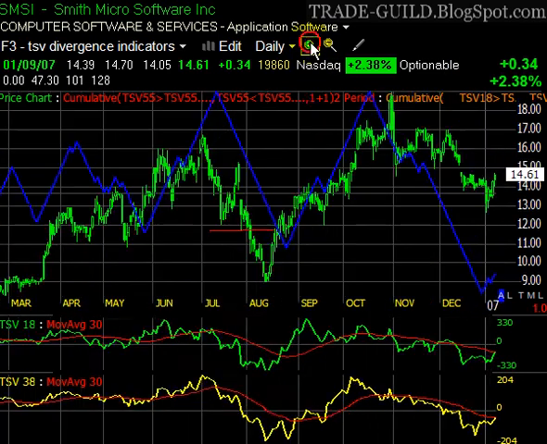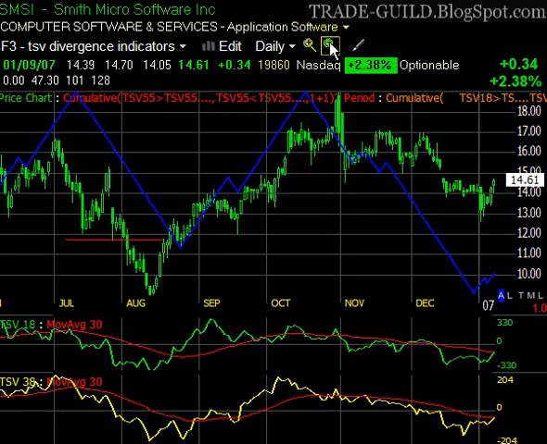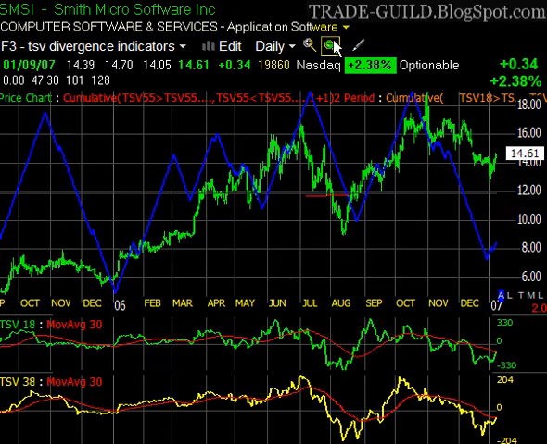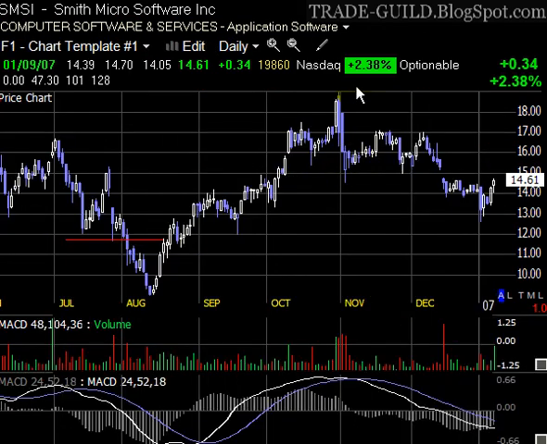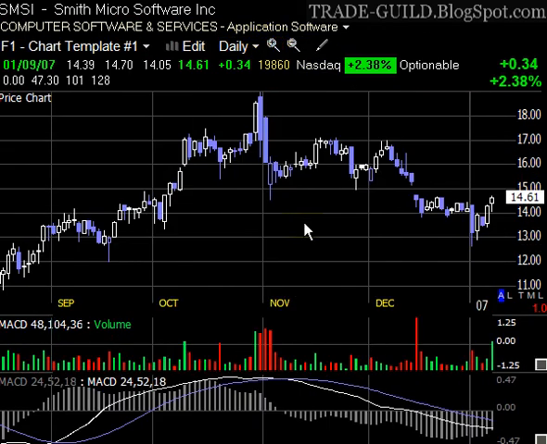And you can see what happened basically. But the depth that this thing has fallen back, price is up here compared to the previous low, but look at where the indicator is. So that's a negative divergence. Negative divergence here that foreshadowed this drop, and a negative divergence on this drop, the way it's acting. And I think SMSI is probably pretty close to being a pretty ripe short.